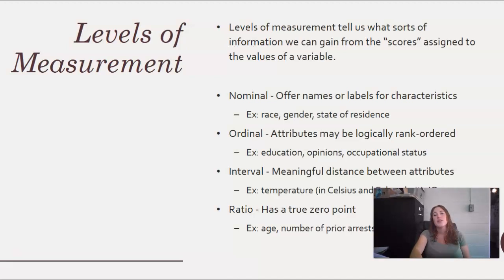So let's say that we're discussing temperature in degrees Fahrenheit, and we say that 80 degrees is 10 more degrees than 70 degrees. And we could all agree that that's correct. And we can say that because there's a meaningful distance between 70 degrees and 80 degrees. There's 10 degrees of a difference there, and so we can say that.